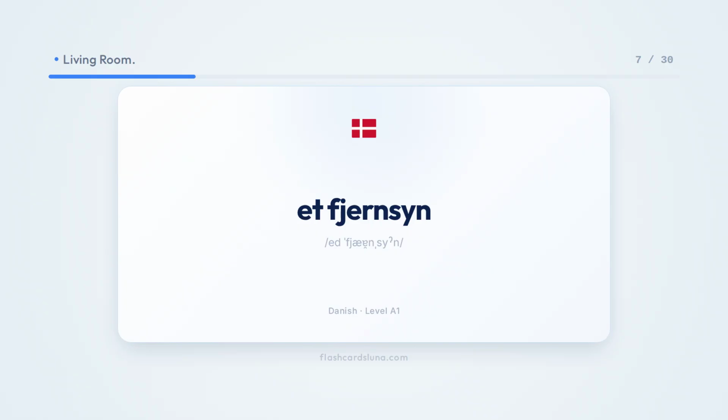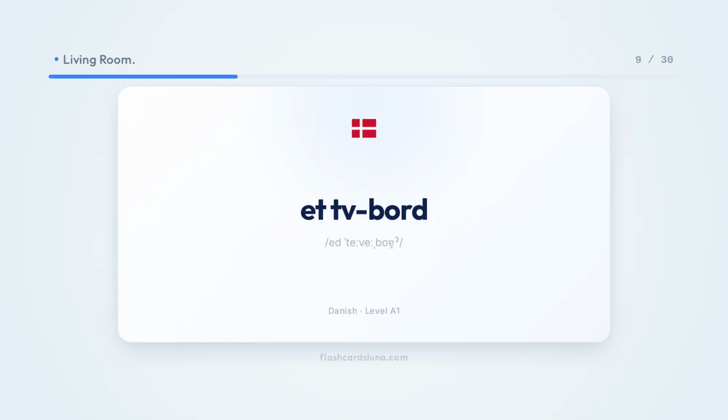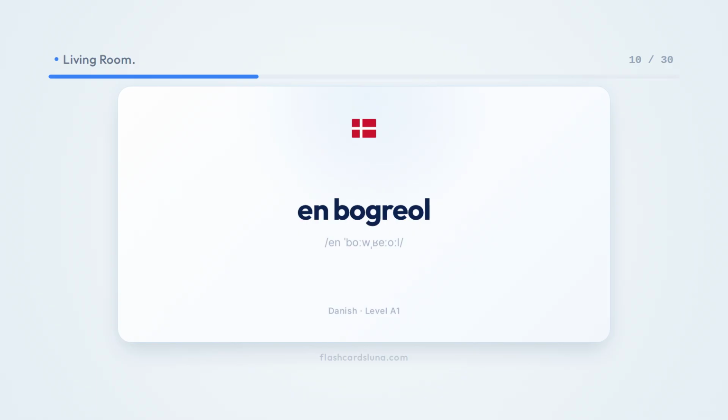Et fjernsyn. A TV. En fjernbetjening. A remote control. Et tv-bord. A TV stand. En bogreol.